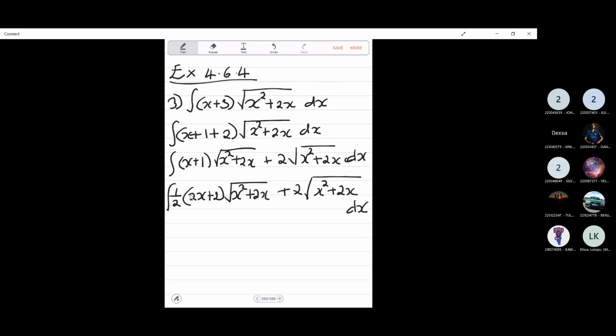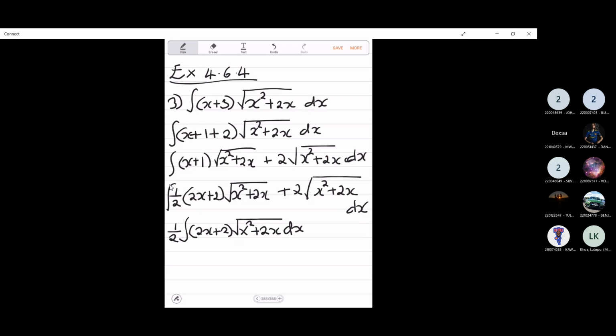So this half will go outside of the integral for this part, and then this 2 will go outside for its own integral. And then for this one here, we need to complete the square so that we can see what substitution we're making. So over here, we're looking at 2 integrals. I have a half integral of 2x plus 2 over the square root of x squared plus 2x dx.